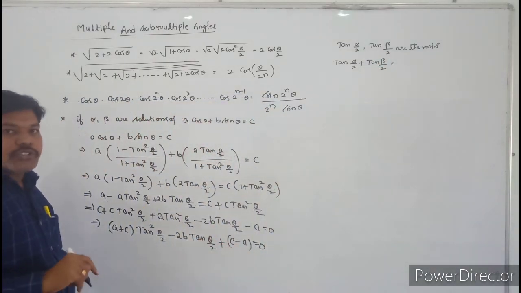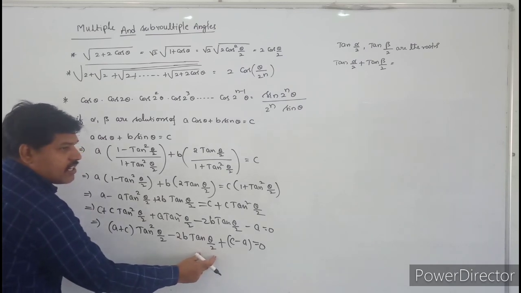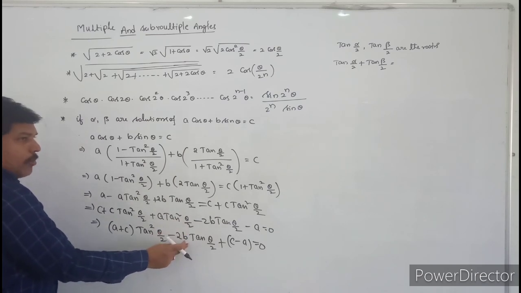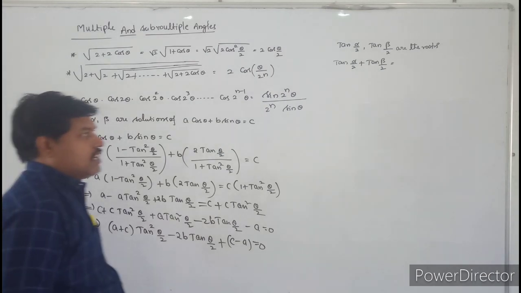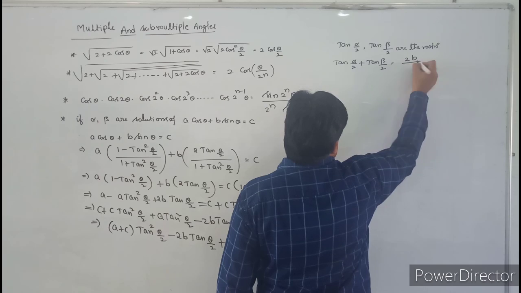What is the sum of the roots? Minus of x coefficient by x square coefficient. Here x is tan theta by 2. Minus of x coefficient, already minus is there, it will become plus, by x square coefficient, that is a plus c. That is nothing but minus of minus, it will become plus 2b by.